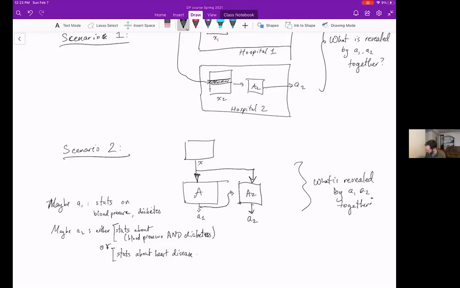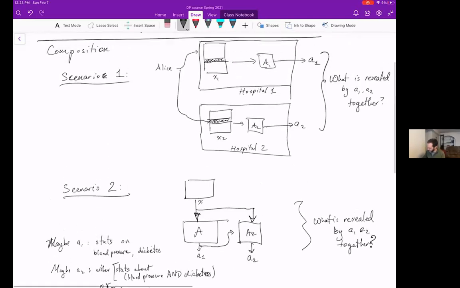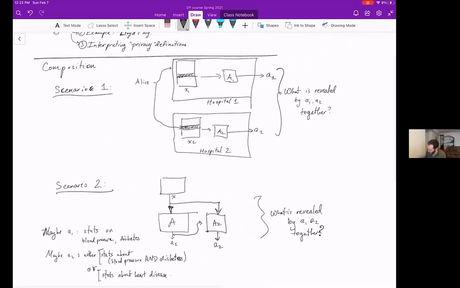And actually, in both of these, what we can do is really think about the larger process that's going on as sort of a single big algorithm run on a single big data set. So in this case, we're going to think of the hospitals together as running one big algorithm A, which consists of both algorithms run by the hospital separately.